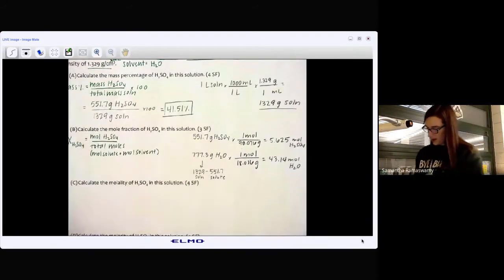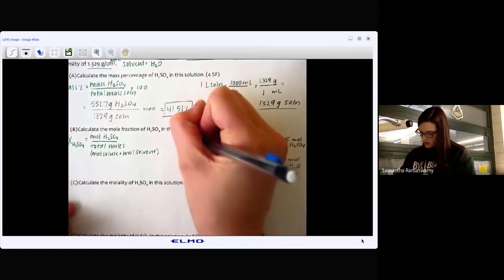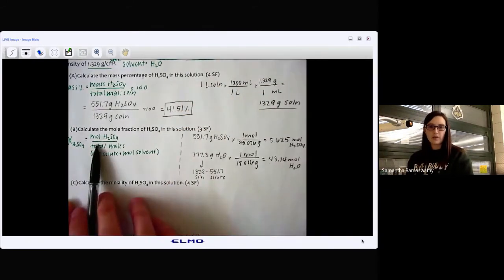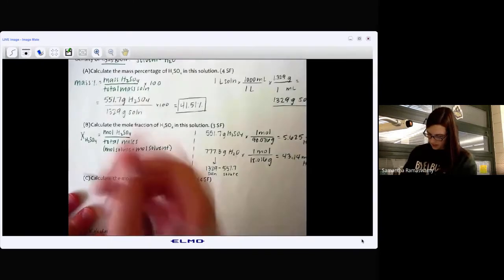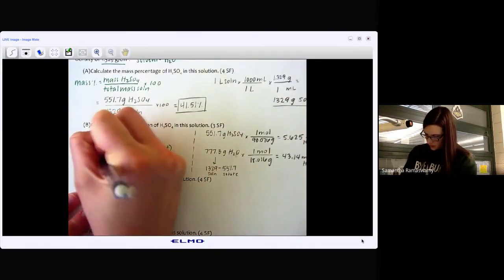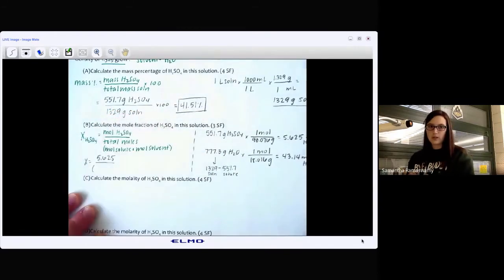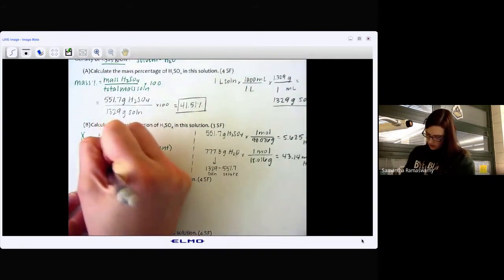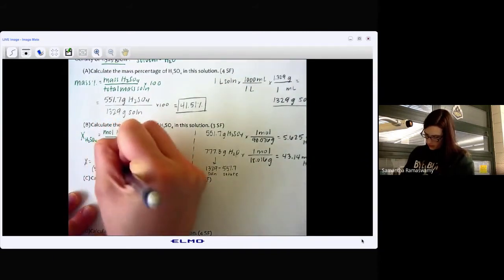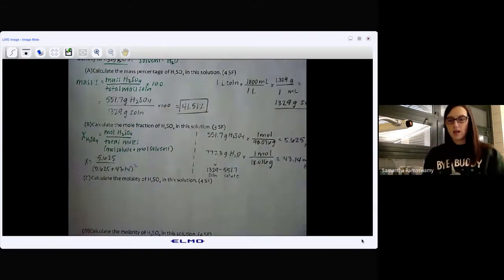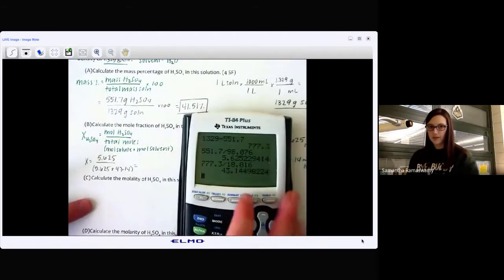So now we can come back over. I'm going to split this in half. And I can plug everything back in for mole fraction. So moles of H2SO4 is 5.625. Total moles, so make sure you have parentheses on the bottom. Solute, 5.625, plus solvent, 43.14. And then plug in your calculator.